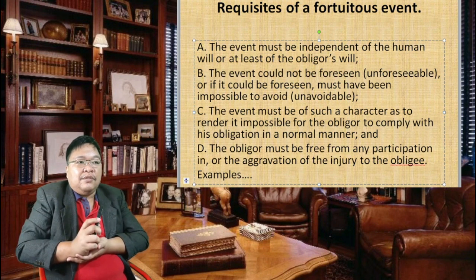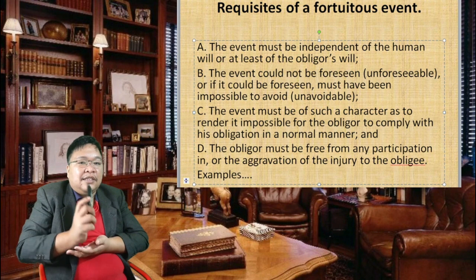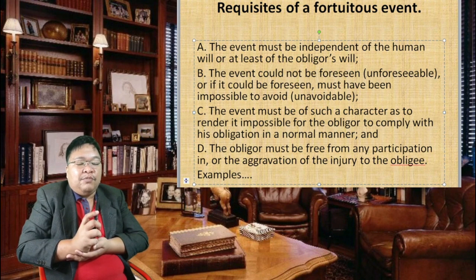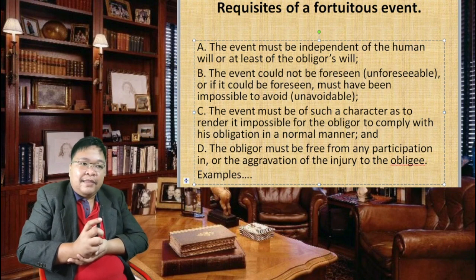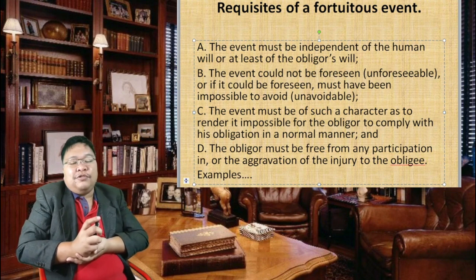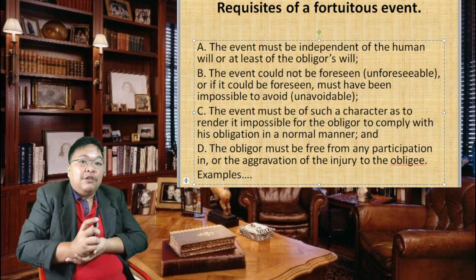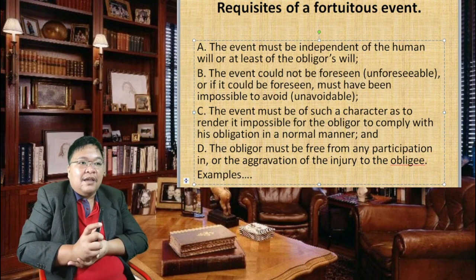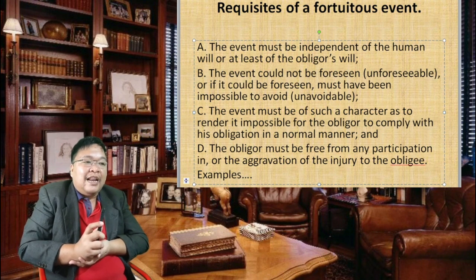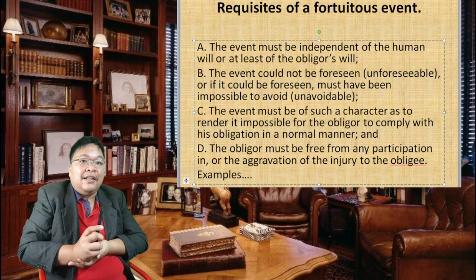Is it independent of the human will? Yes, the typhoon is independent. Could it be foreseen? The flooding in Marikina could be foreseen. Yes. But is it unavoidable? Yes. Floodings are unavoidable consequences.